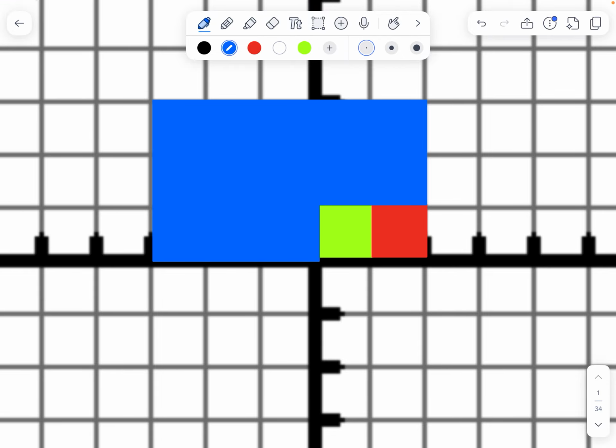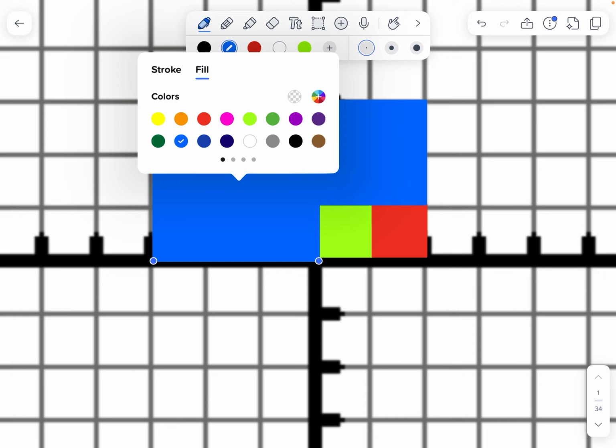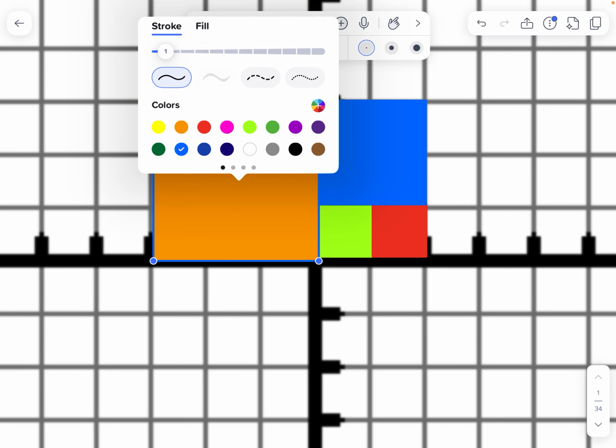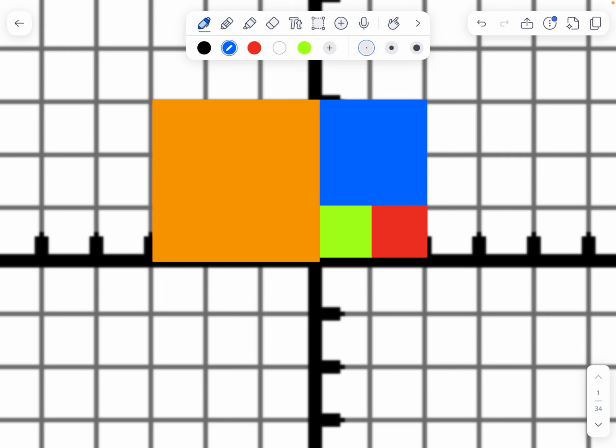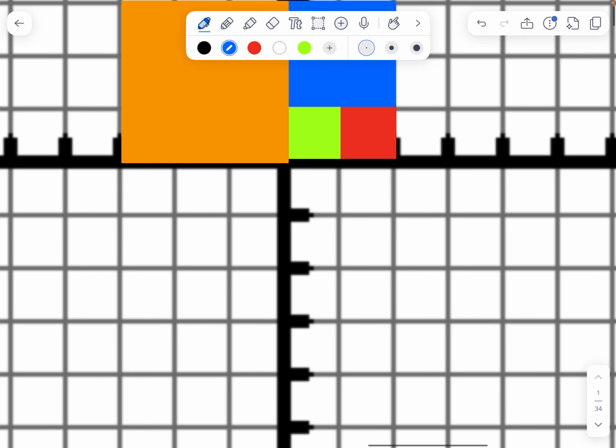Okay, so it's not lining up perfectly, but yeah, we can just say this is a 3 by 3. Right, and then now 3 plus 2 is 5.